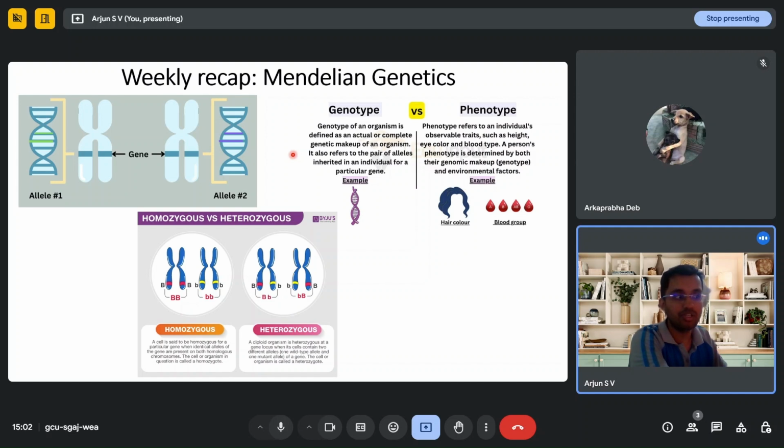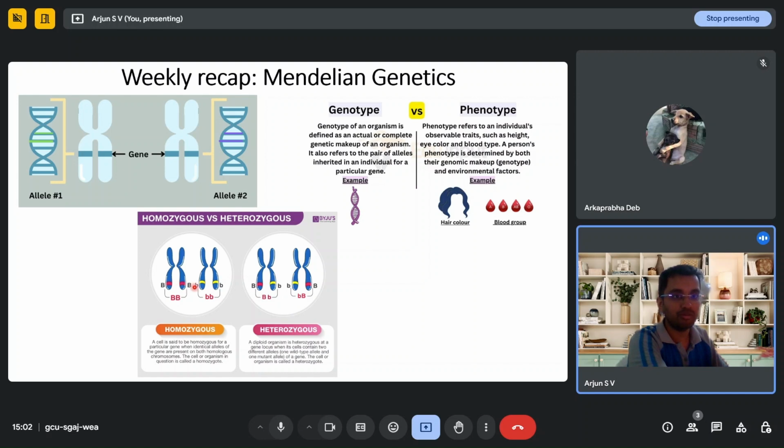And we also saw the difference between a homozygous and a heterozygous system. In a homozygous system, both the alleles are identical to each other. So if we have a chromosome, and if we have different alleles, and both the alleles are identical to each other, then they are called homozygous.